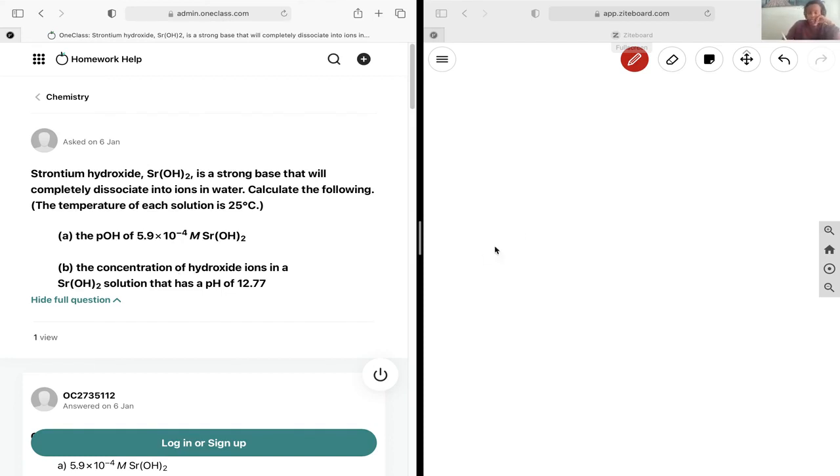And so let's go ahead and write out the dissociation equation. So it completely dissociates into Sr 2 plus and 2 OH minus. Let's not forget our state symbols.